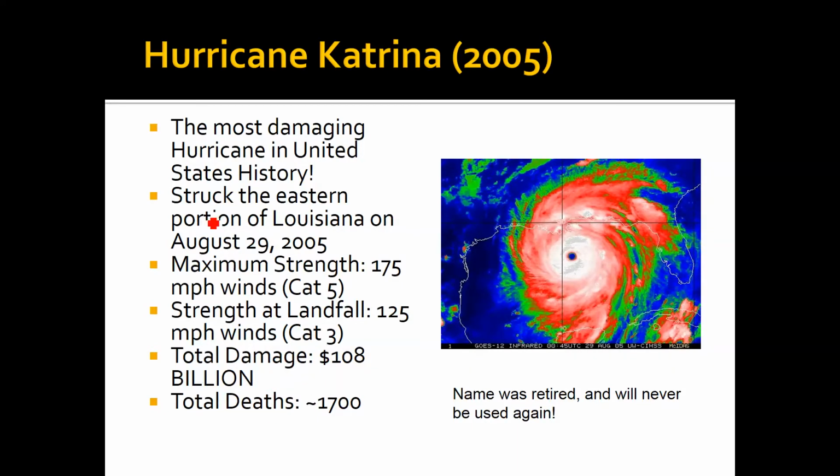Think about that. If you put that in 2017 dollars, that's even more than Jeff Bezos, the owner of Amazon, is worth. So that's a lot of money. But what was most devastating was it caused 1,700 deaths here in the United States, most of them in New Orleans.